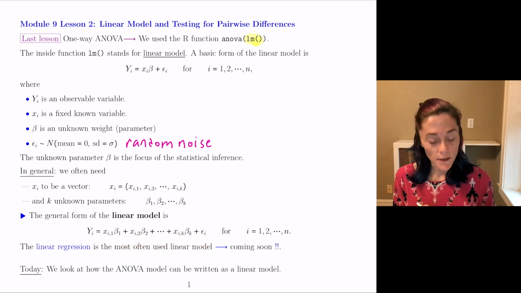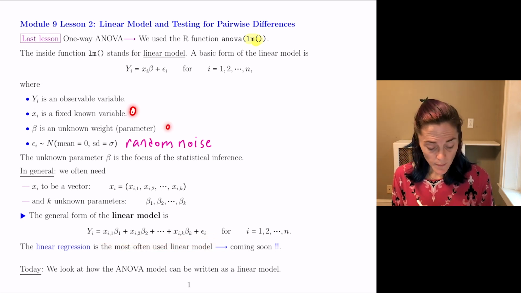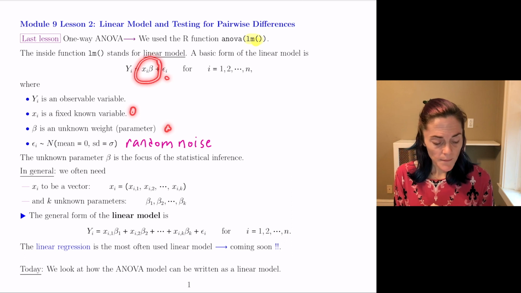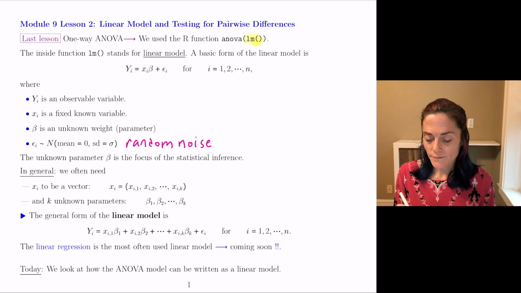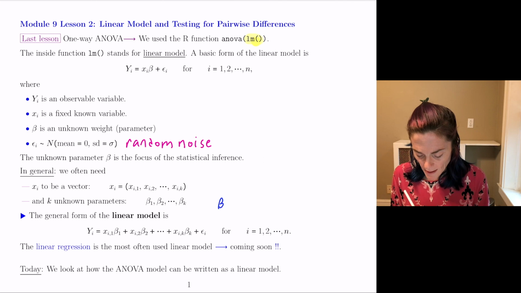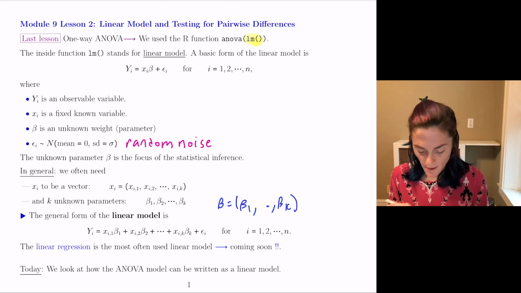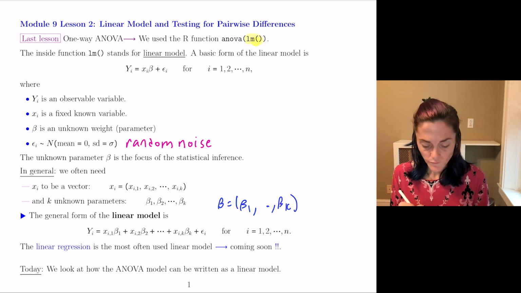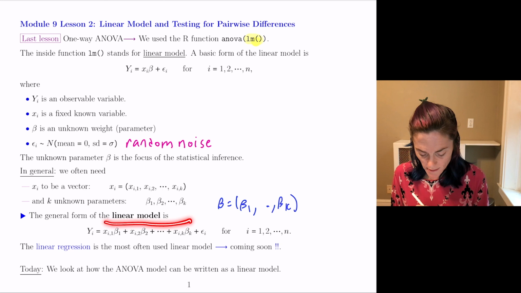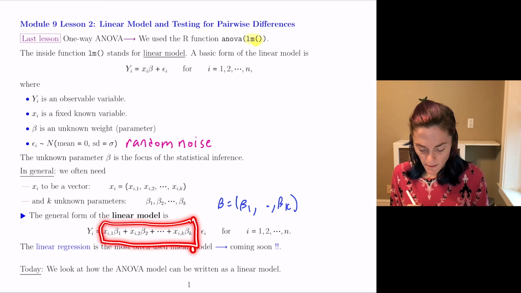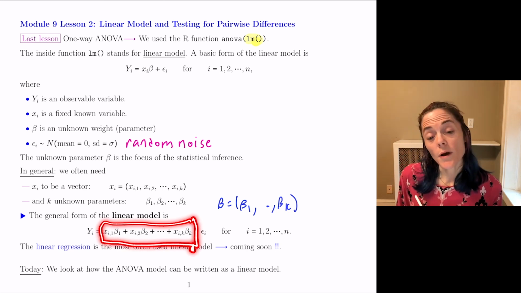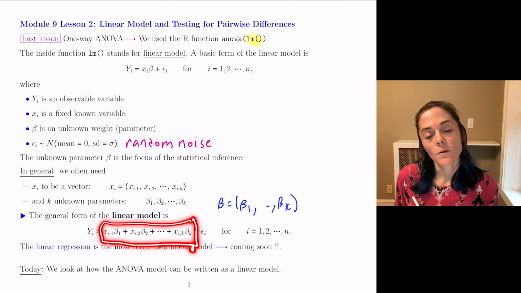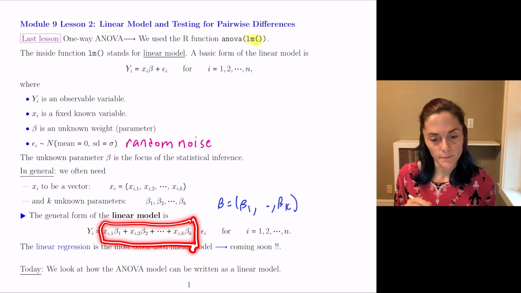You see here, x_i and beta are just multiplied. In the general form, you could write beta as a vector, beta 1 out to beta k. And then this part is just the dot product of vector x_i with beta.